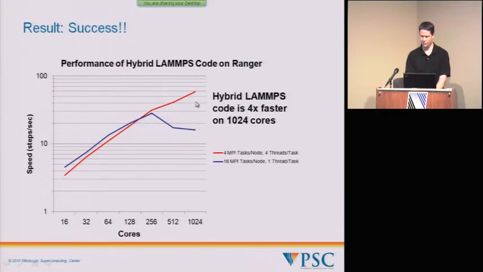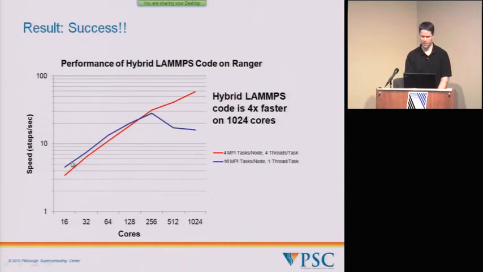And at 1,000 cores, it's 4 times faster than the pure MPI when you're running just one thread per task. So this is the results for 4 MPI tasks per node and 4 threads per task in the hybrid model, versus just pure 16 MPI tasks and 1 thread per task.